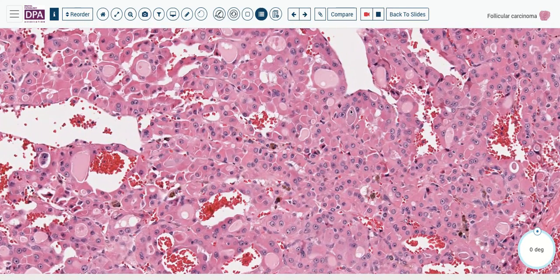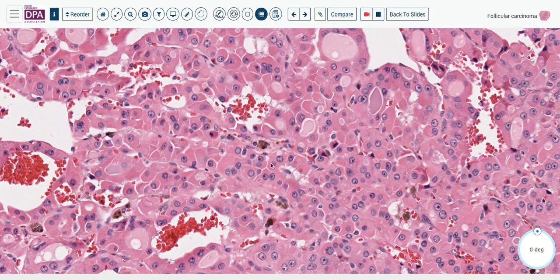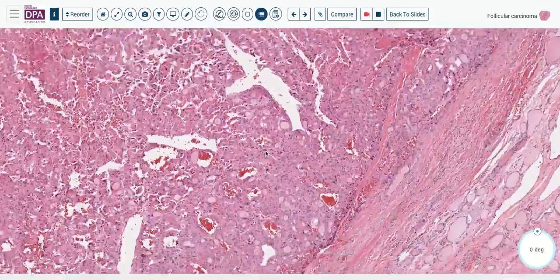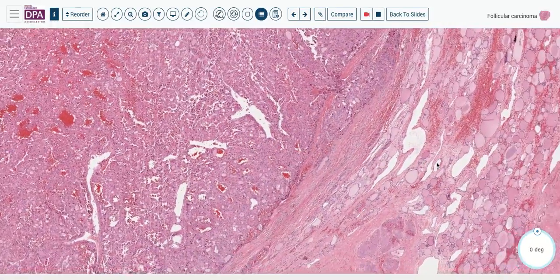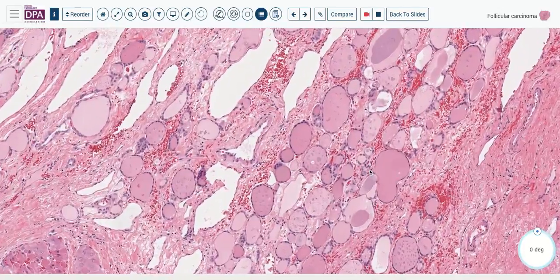We see follicle structures, colloid, a lot of these eosinophilic oncocytic cells, some hemosiderin associated with areas of tumor. Surrounding thyroid parenchyma looks benign.